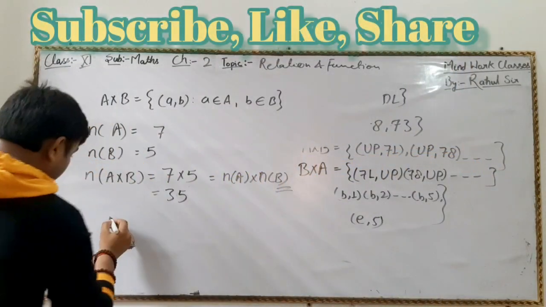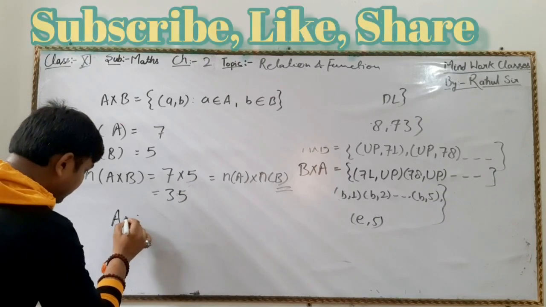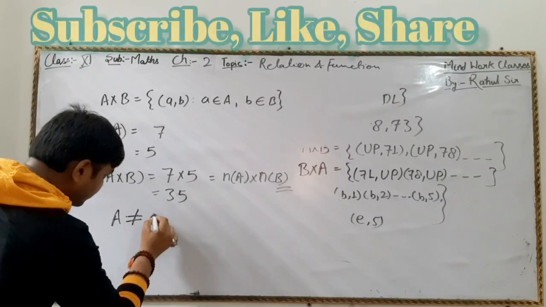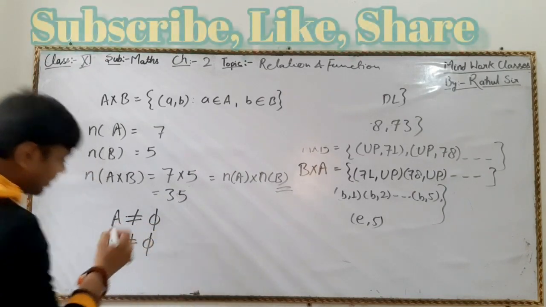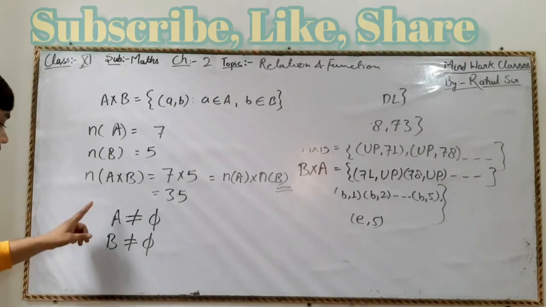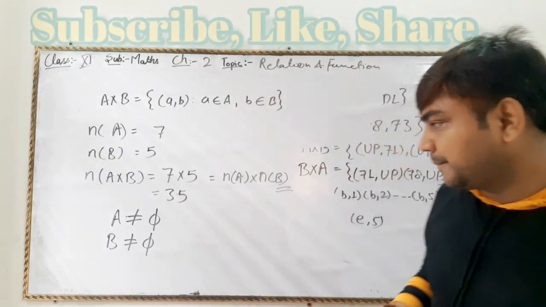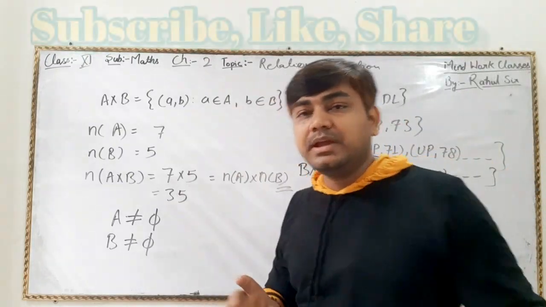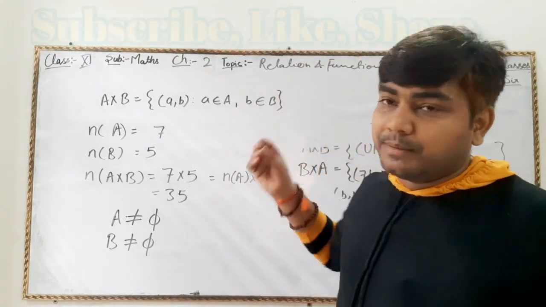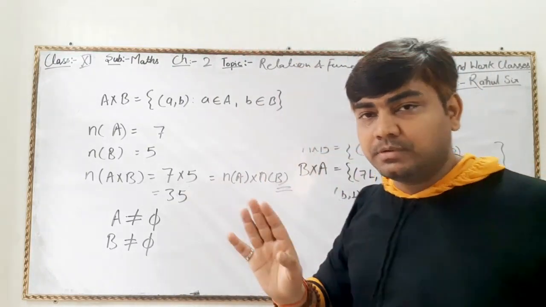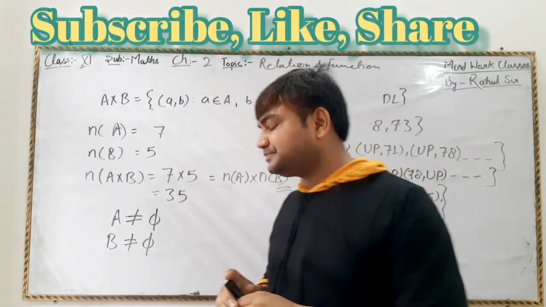That means set A should not be equal to the empty set and set B should also not be equal to the empty set. That means there must be at least one element in both the sets. The number can increase infinitely, no problem, but it should have at least one element.